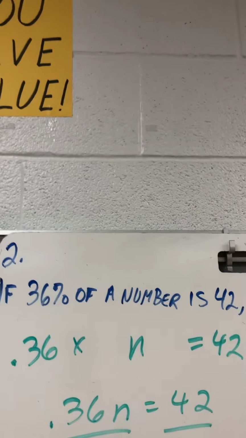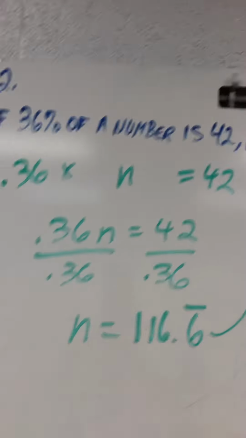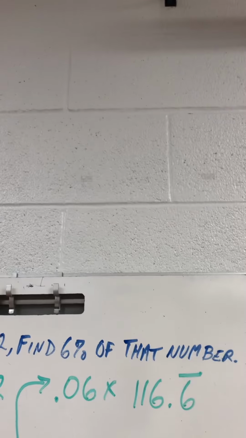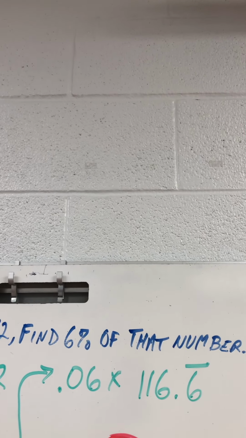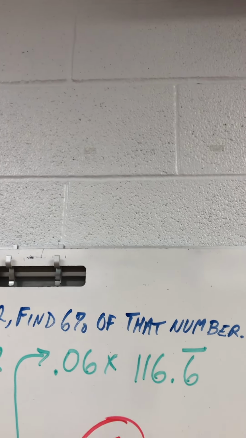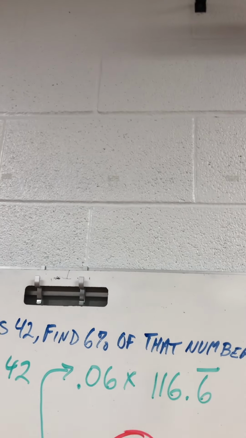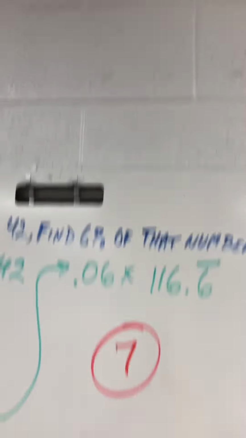Okay, so I'm going to leave that number on my calculator. Just leave it on the calculator. Don't clear. Okay, so to find 6% of that number, we're going to do 0.06 times the 116.66666. So we're just going to take what's on the calculator and do times 0.06, and that'll give you 7.